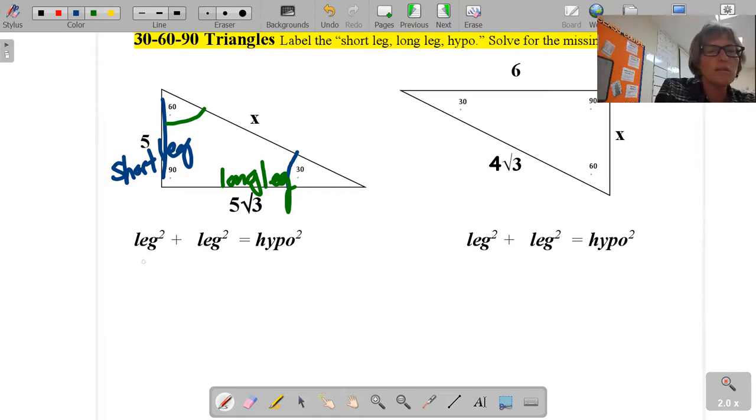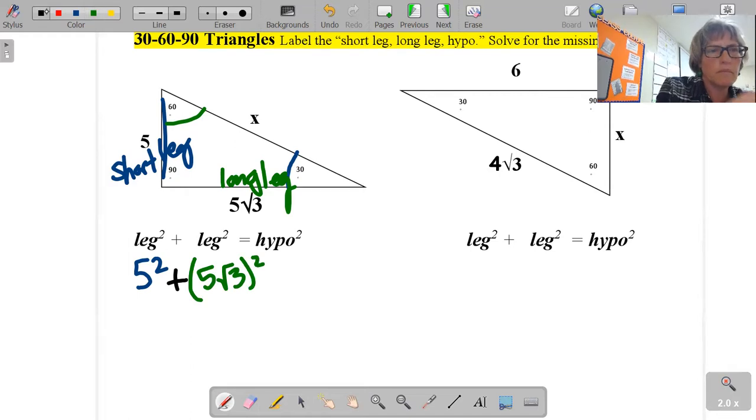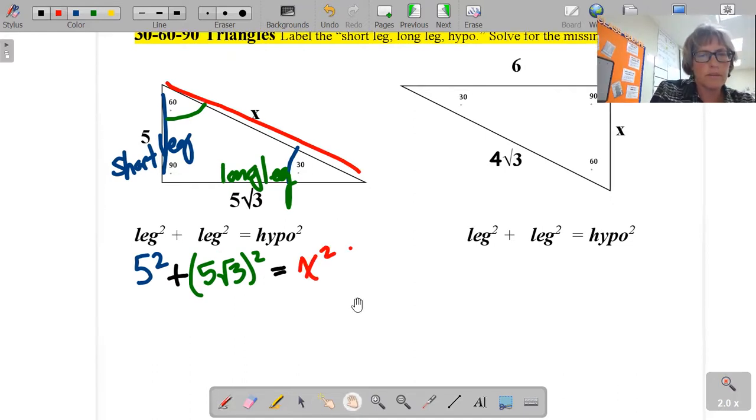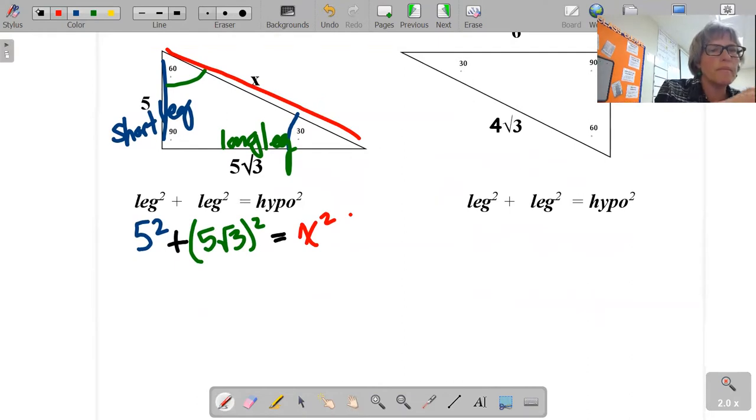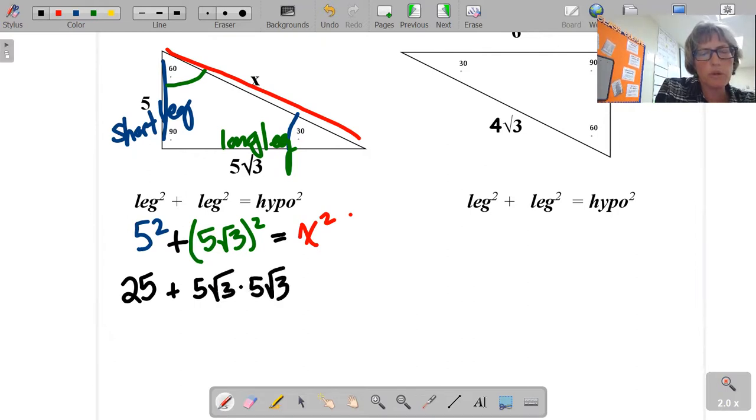So one leg is 5 squared. We're solving for the hypo. Exponents expand. That's really important. You're in the habit of doing that. 5 times 5 is 25.